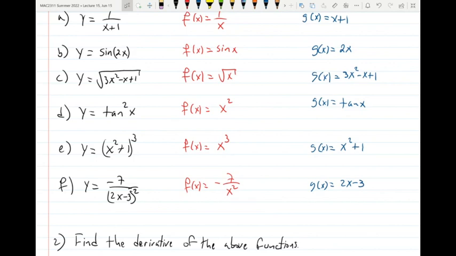I'm gonna write the chain rule on the board in case you don't remember. So derivative of F composed with G equals F prime evaluated at G times G prime. Okay.